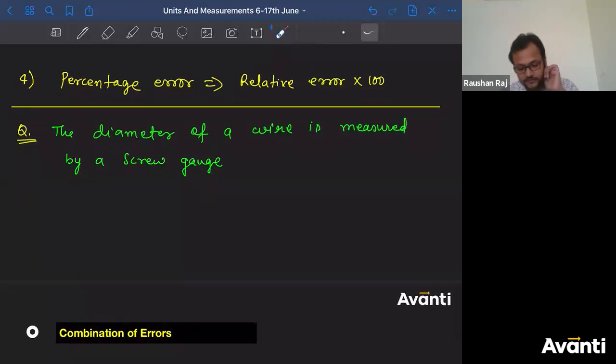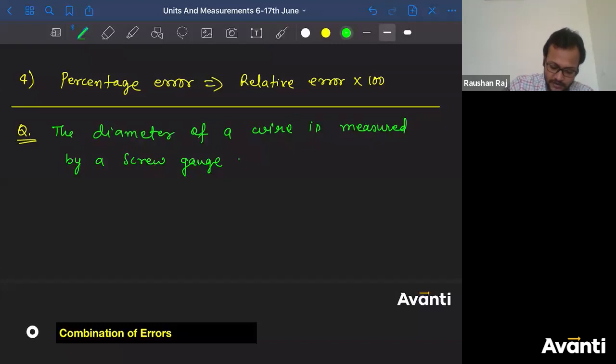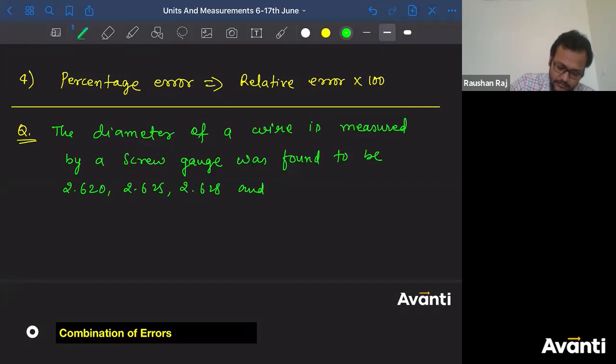Yeah. So diameter of a wire is measured by a screw gauge. This measurement device we'll study. This is in our syllabus. We'll study it. Don't worry. Was found to be 2.620, 2.625, 2.628, and 2.626.